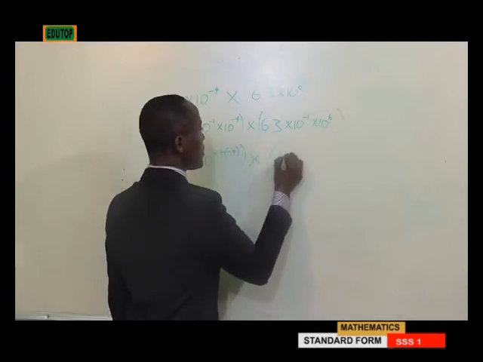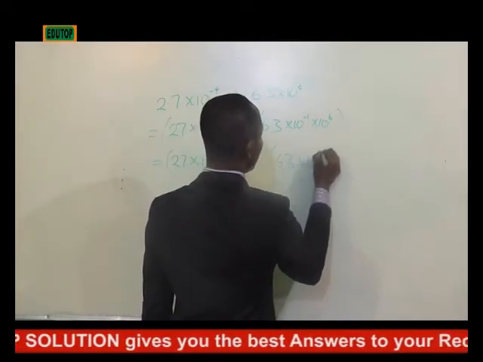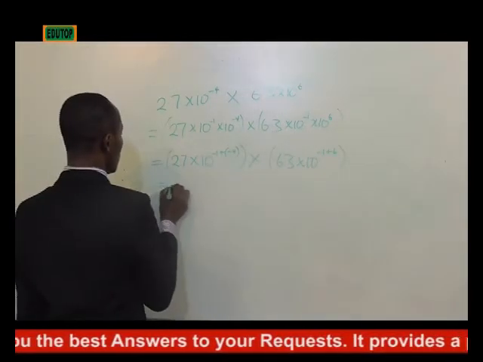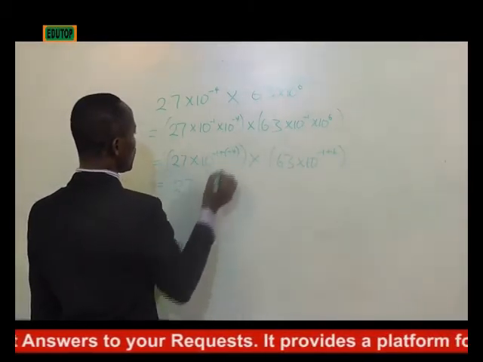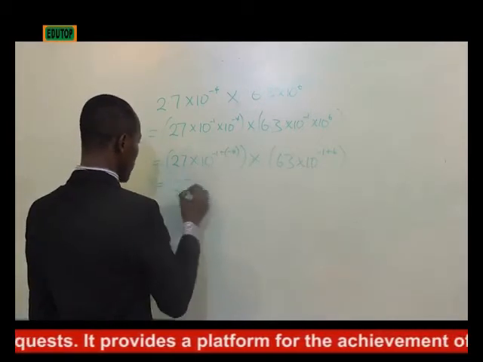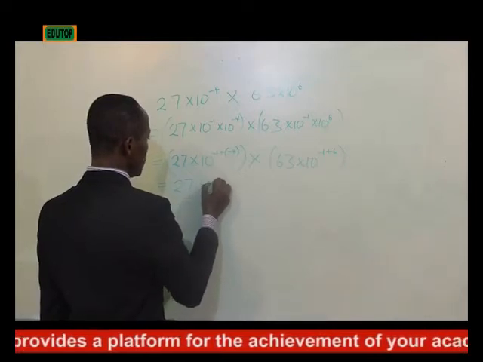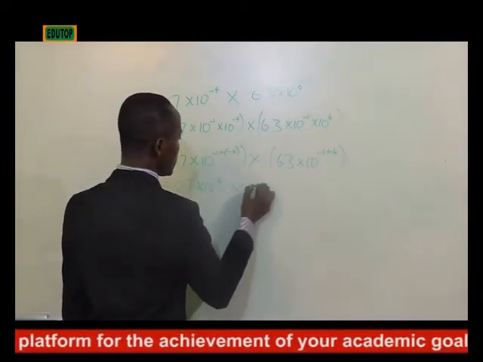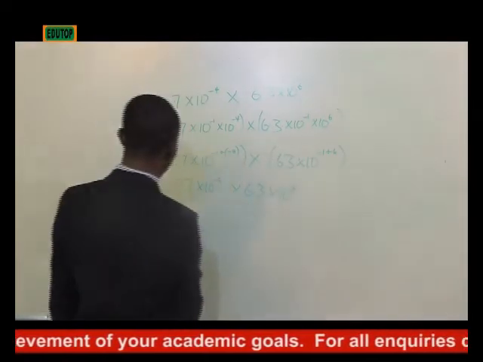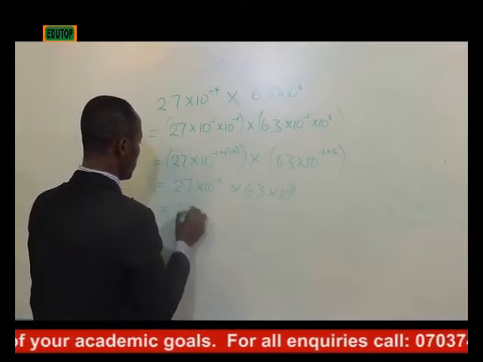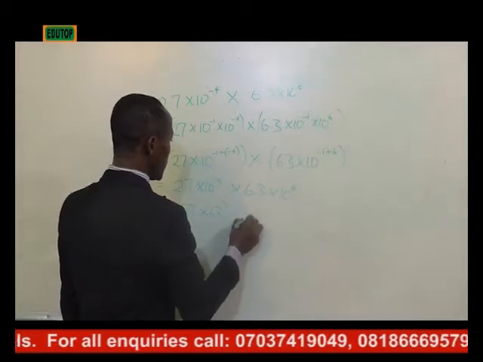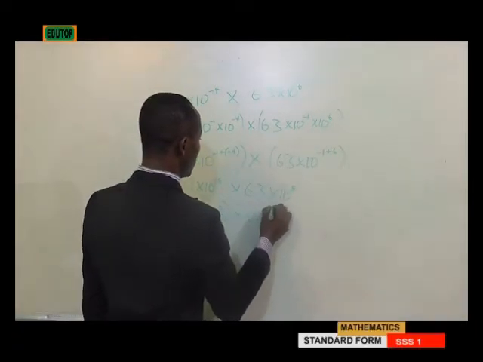Times 63 times 10 to the minus 1 plus 6. This will give us 27 minus 1, plus minus 4 will give us minus 5, times 10 raised to the minus 5 times 63 times 10 raised to the power 5, which will give us 27 times 63 times 10 raised to the minus 5 plus 5.